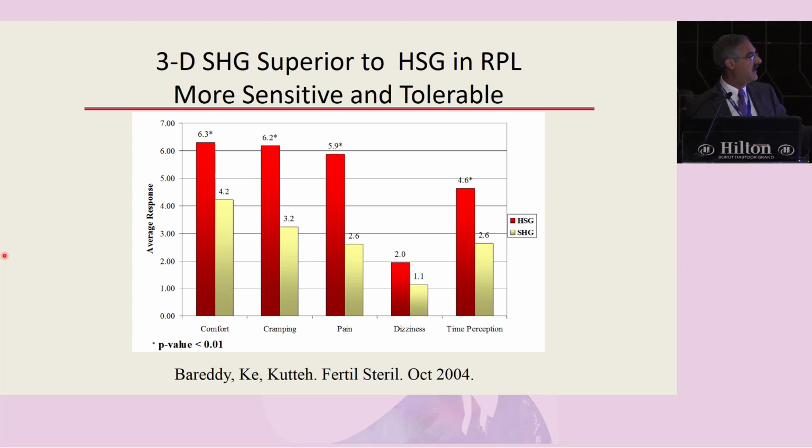What was their comfort level? The red, you see it's higher with hysterosalpingogram. Cramping, pain, dizziness, everything was better with the sonohysterogram. Now, this is perfect for the pregnancy loss patient because already she's getting pregnant. But for the fertility patient, we still are doing hysterosalpingogram to check the fallopian tubes, of course.